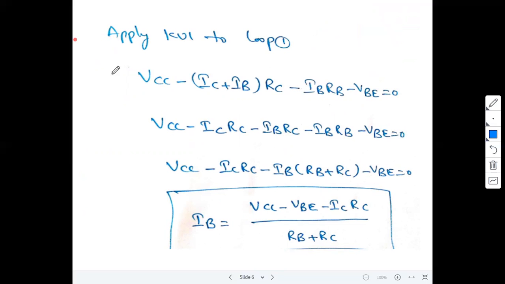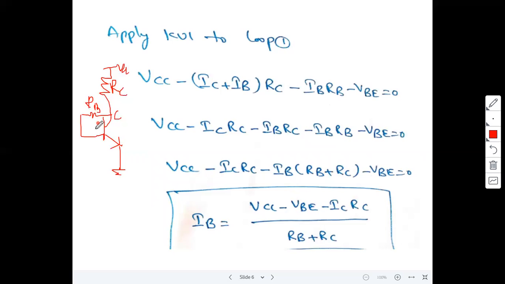Now consider the same circuit: this is RC, the emitter is connected to ground, this is the collector point, this is VCC, and this is RC.